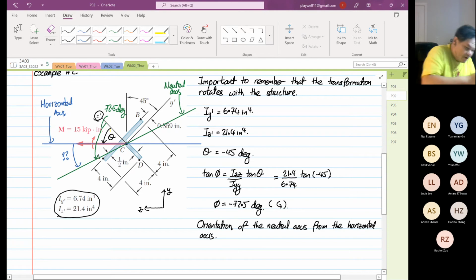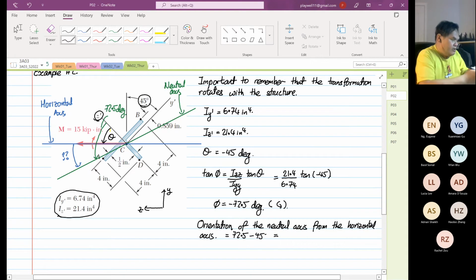Right, so from the horizontal axis is equal to 72.5 minus 45, because this is the 45 down here, and we know that the theta is 45, so it's equal to 72.5 minus 45, 27.5.